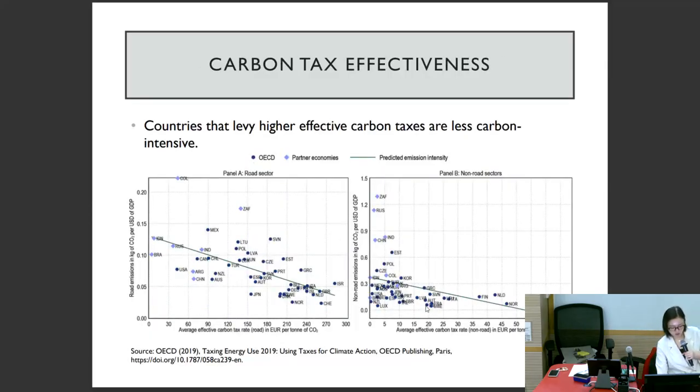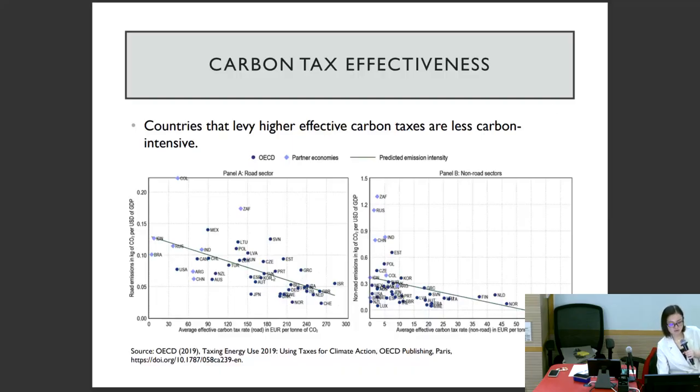These two are the trend, or the relation between the emissions and the carbon tax value. So cheaper carbon tax, more expensive carbon tax, and higher emissions, lower emissions. And it is found that the countries that levy a higher effective carbon tax would be less carbon intensive.